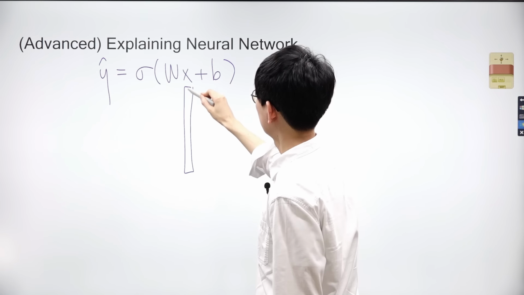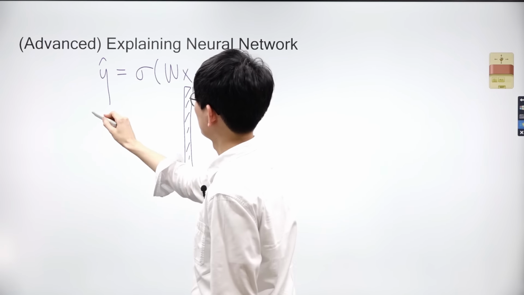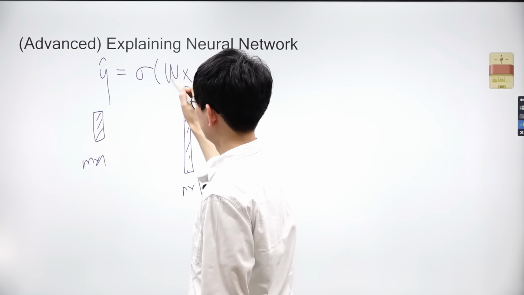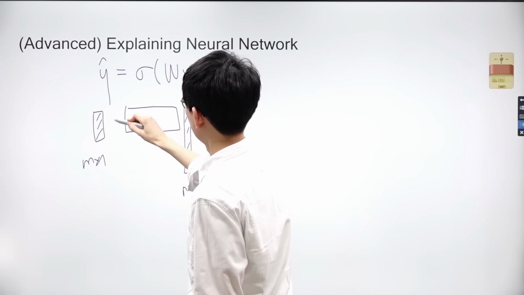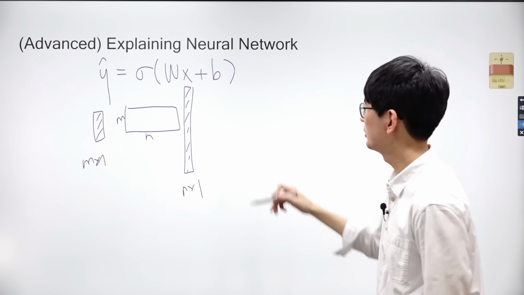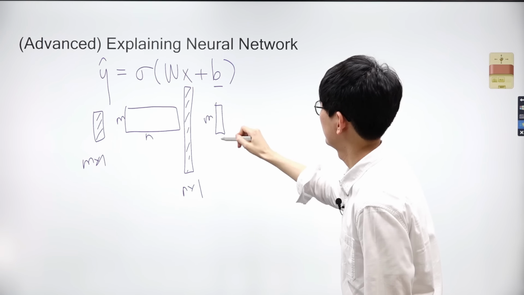The length of vector x is very long since its dimension is n by 1. On the other hand, the vector y hat is shorter compared to x, with its dimension being m by 1. Meanwhile, w is an m by n matrix, and b is also a vector in Rm, specifically an m by 1 vector.